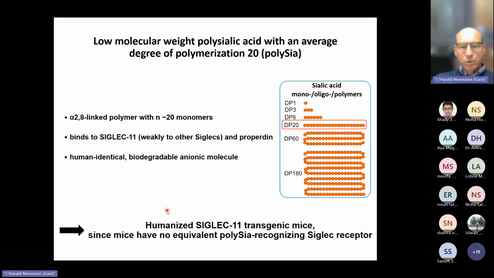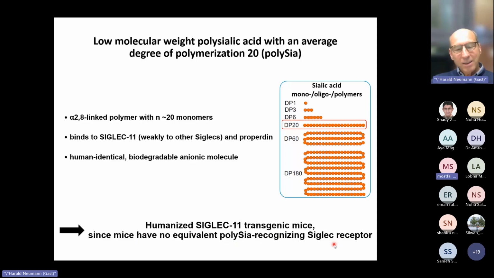And clearly we have to use humanized mice to have an animal model. So we first generated humanized Siglec-11 transgenic mice, putting this human Siglec-11, which the mouse normally doesn't have, into the mice by an artificial IBA1 promoter. So getting the Siglec-11 on the microglia and the macrophages, since mice have no equivalent polysialic acid recognizing Siglec receptors.